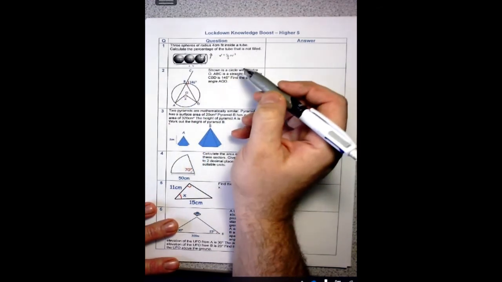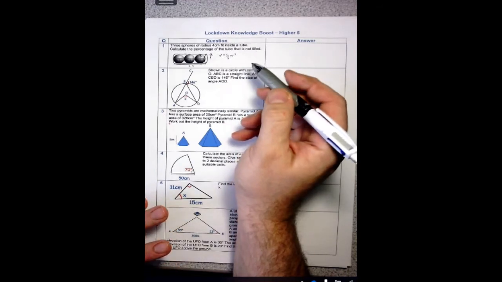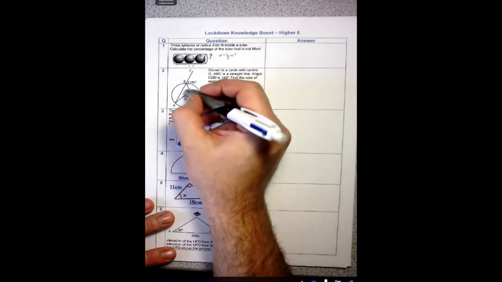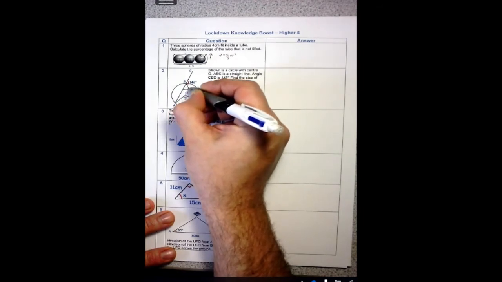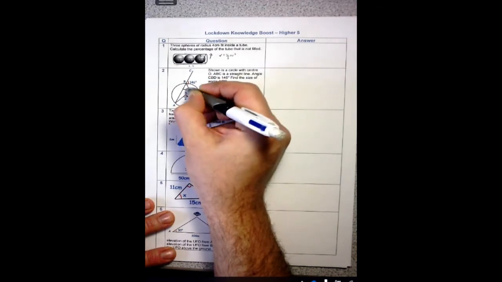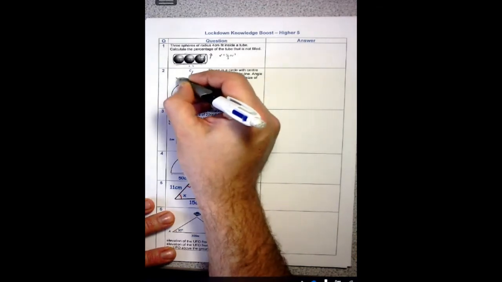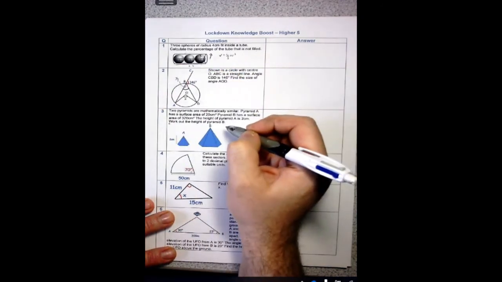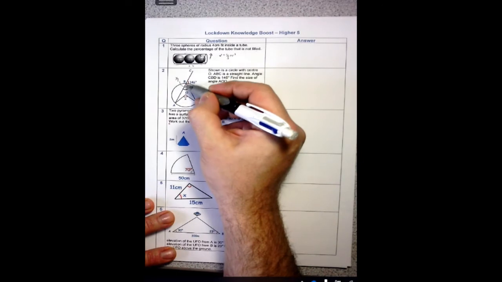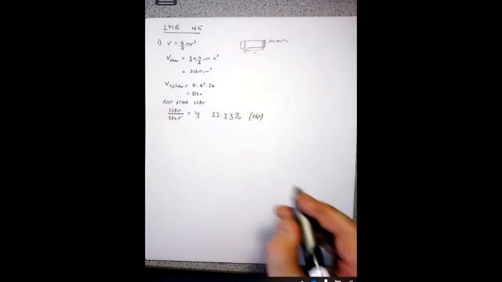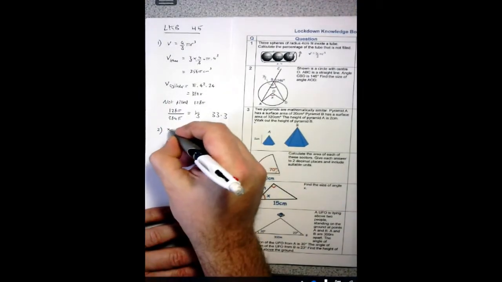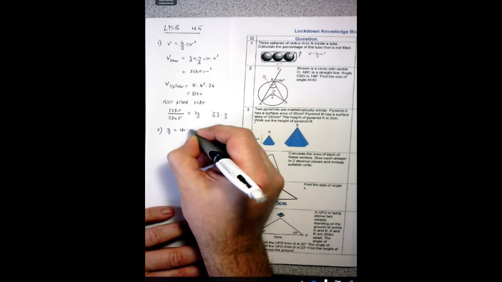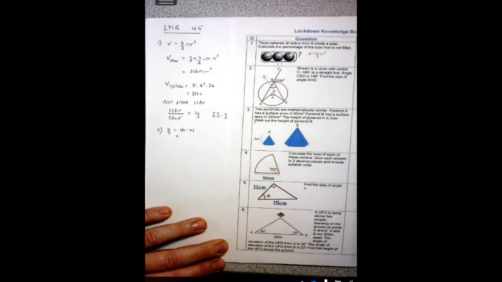Clearly 146 plus half x adds to 180, so for number 2 then I could say x over 2 is 180 minus 146. Oops, sorry, 180 minus 146 is 34. So x must be 68 degrees. AOD is x. So I'm done.